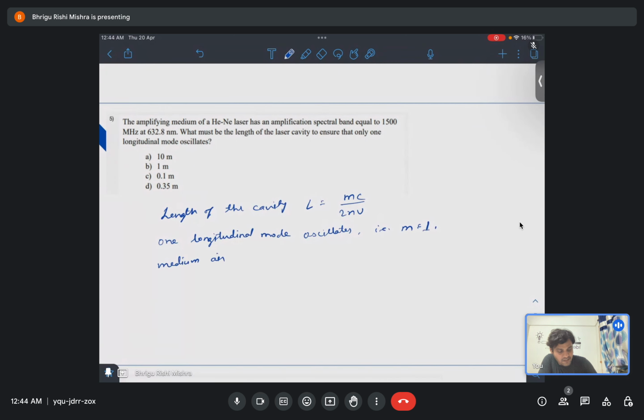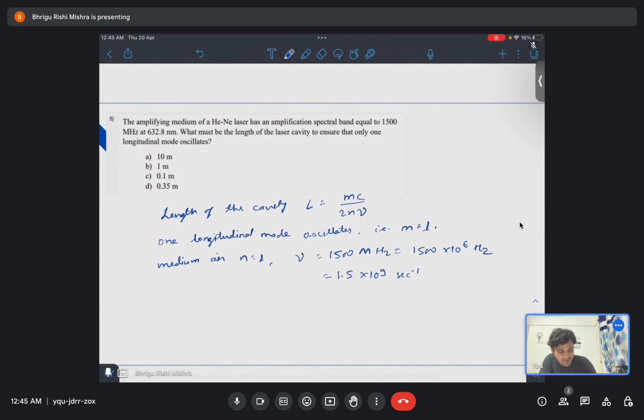Okay, the medium is air, that is n equals 1. Frequency is given, this is ν, let's write it correctly. Okay, so frequency is given, ν = 1500 megahertz, that means 1500 × 10^6 hertz, or I can say 1.5 × 10^9 second inverse. Okay, and the last one is c, the speed of light.